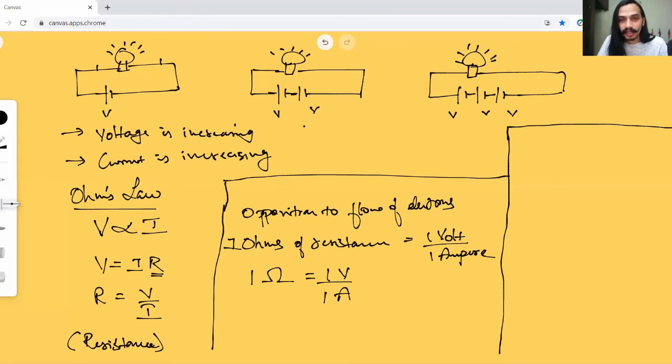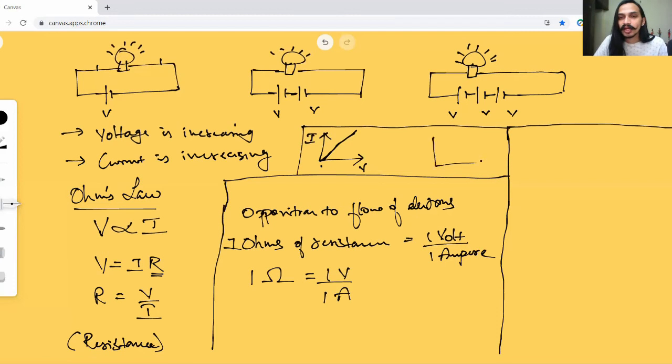Now when something follows Ohm's law, if we take the values of V and I, voltage and current, as voltage is increasing, current is increasing, if it gives you a straight line, that means it is directly proportional.